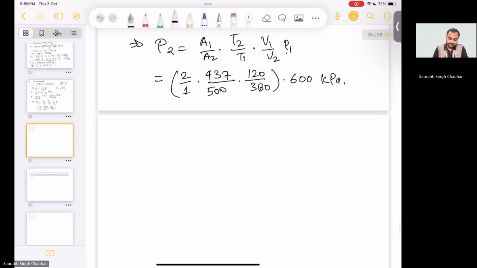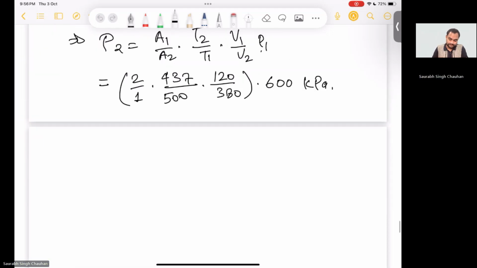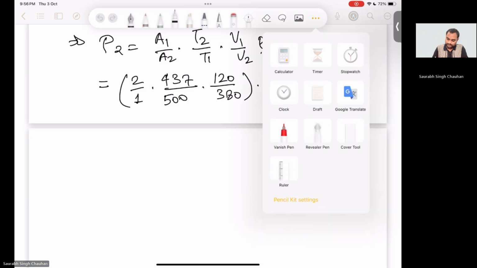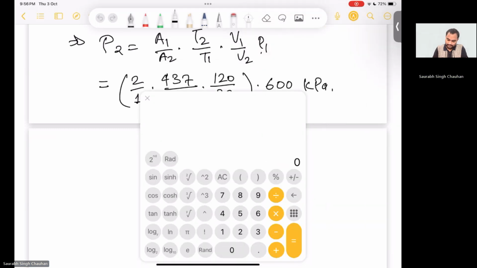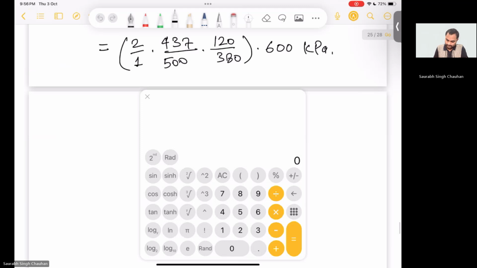So now we can find P2: 437 into 120 into 600 divided by 500 into 380.